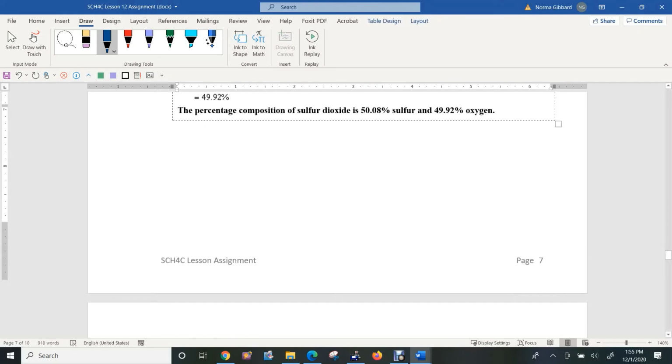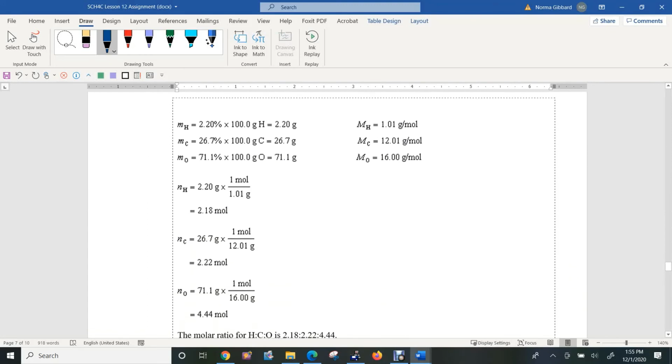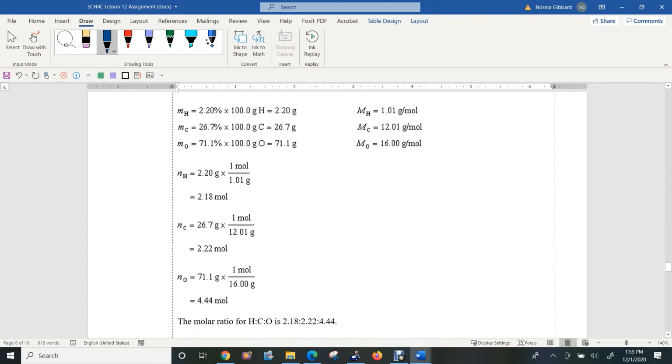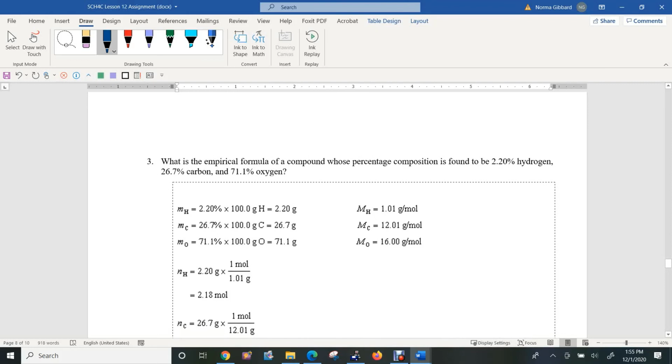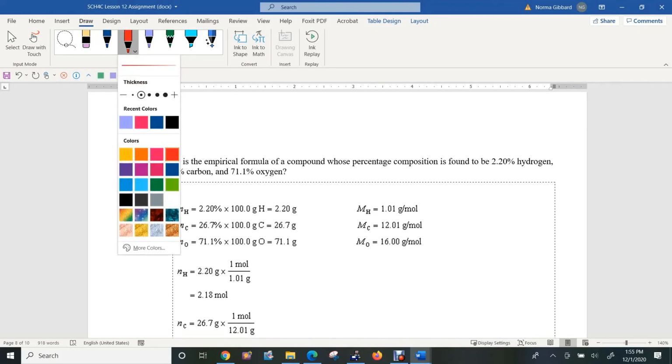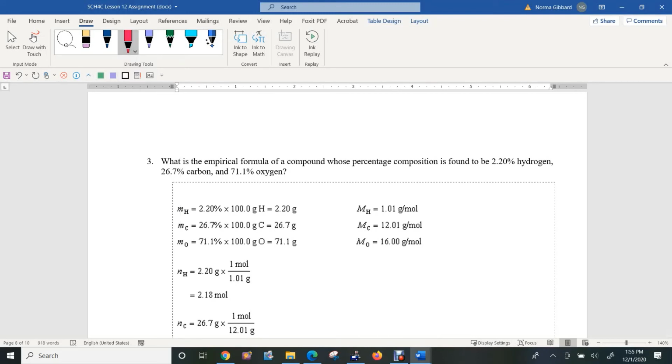Now, continuing on, number 3. What is the empirical formula of a compound whose percentage composition is found to be 2.20% hydrogen, 26.7% carbon, and 71% oxygen?